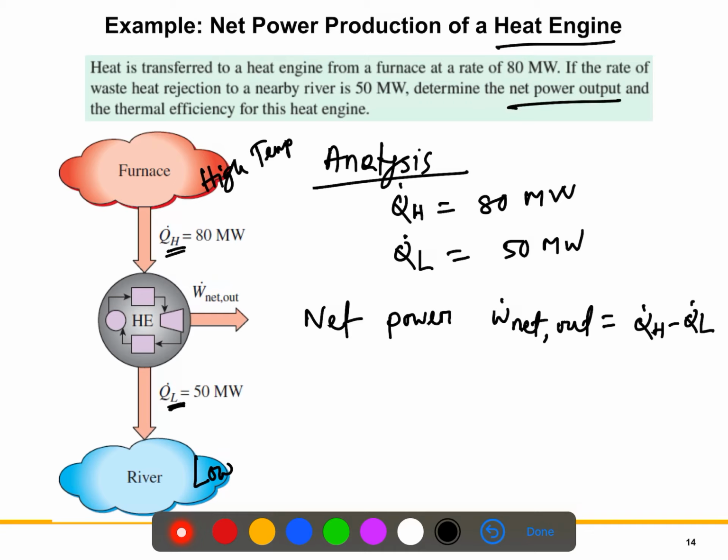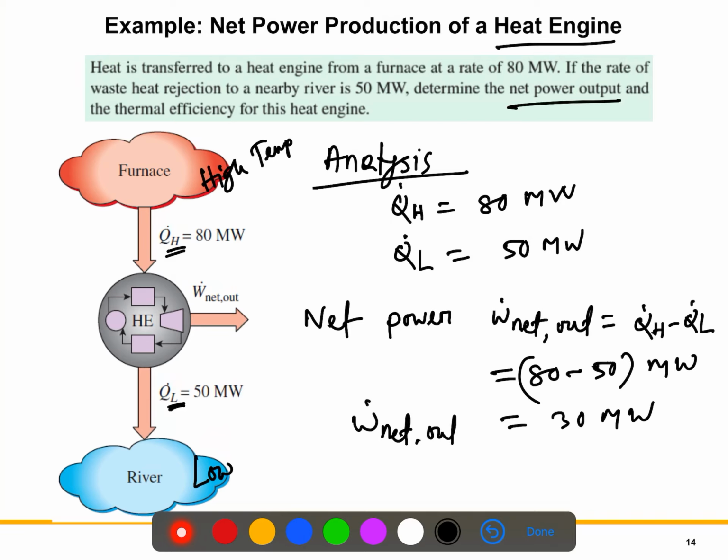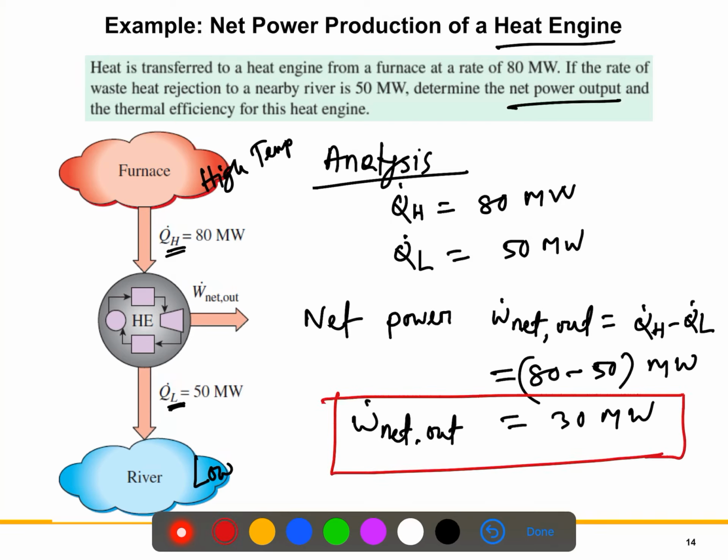We already discussed that. So it is 80 minus 50 megawatt, so it should be 30 megawatt. This is the W_net,out. So what we got here is the net power output.